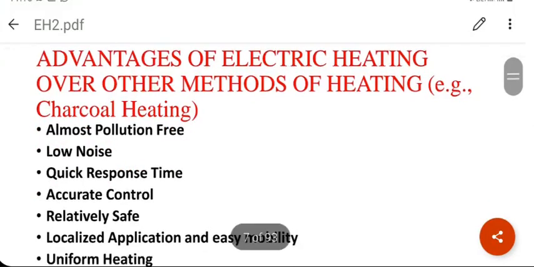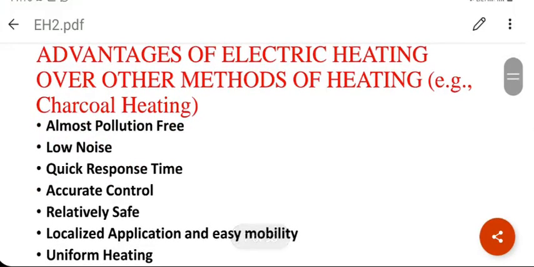Advantages, we have already seen this previously, but let's look at it once again. No pollution almost, low noise, quick response time, accurate control, relatively safe, although chances of electric shock are there. You got to be careful about that. And you can easily transport electric heating to local conditions from one point to another without having to worry too much about setting up the whole thing.